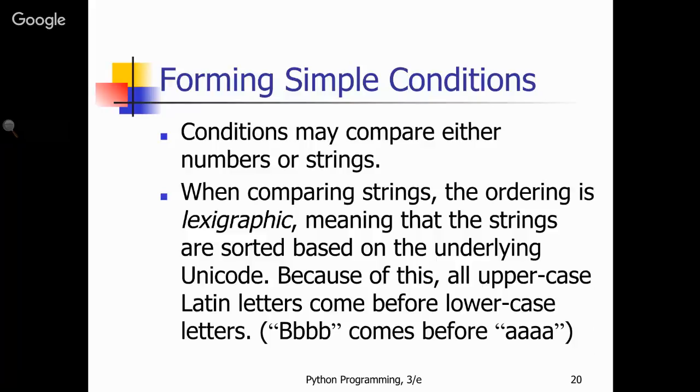And so these are the numbers that are used to do the lexicographic comparison. And the uppercase, for example, comes before the lowercase in the Latin alphabet. Therefore, if you had uppercase B, it would be greater than, right, than the lowercase.